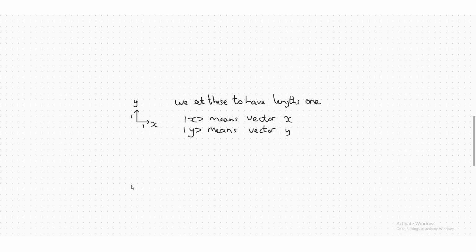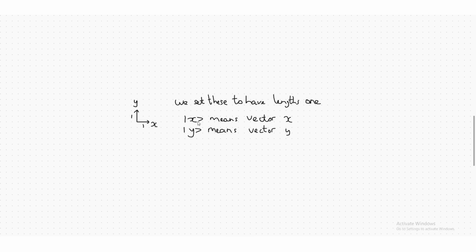By default, we set our basis vectors to have length 1, because this makes calculations later on a lot more simple.